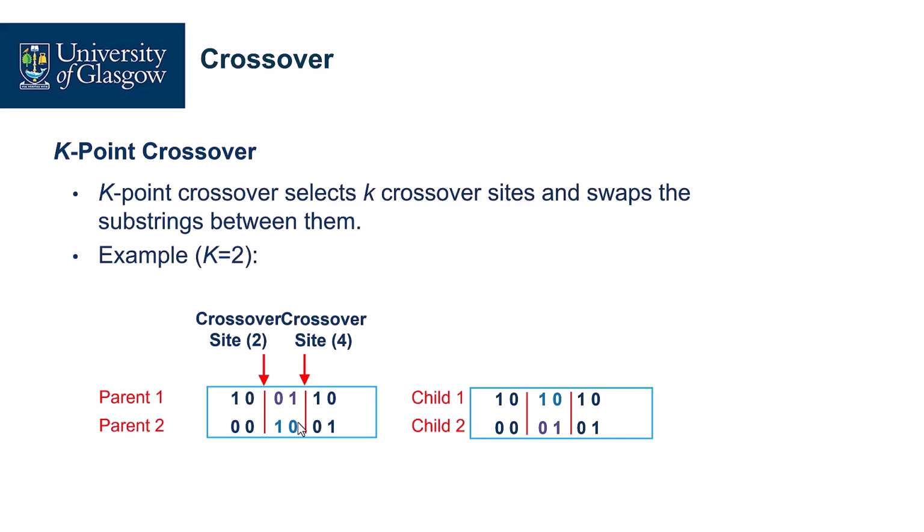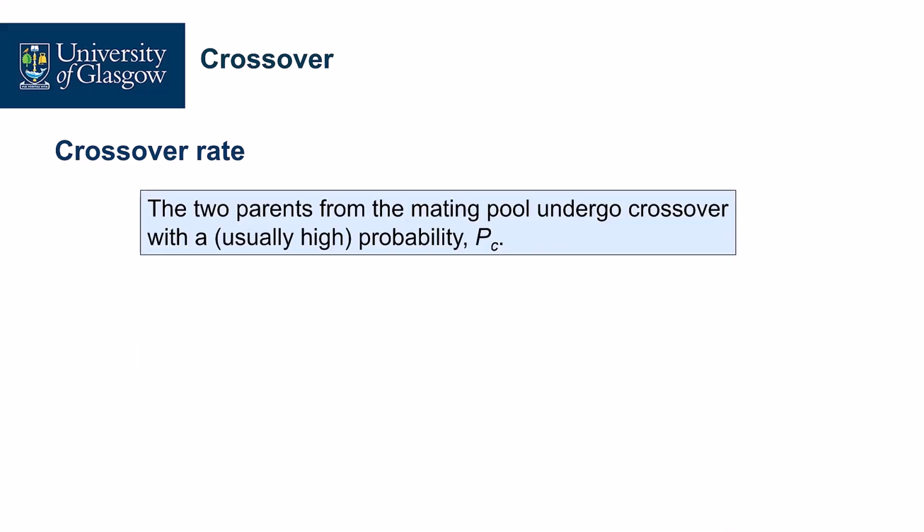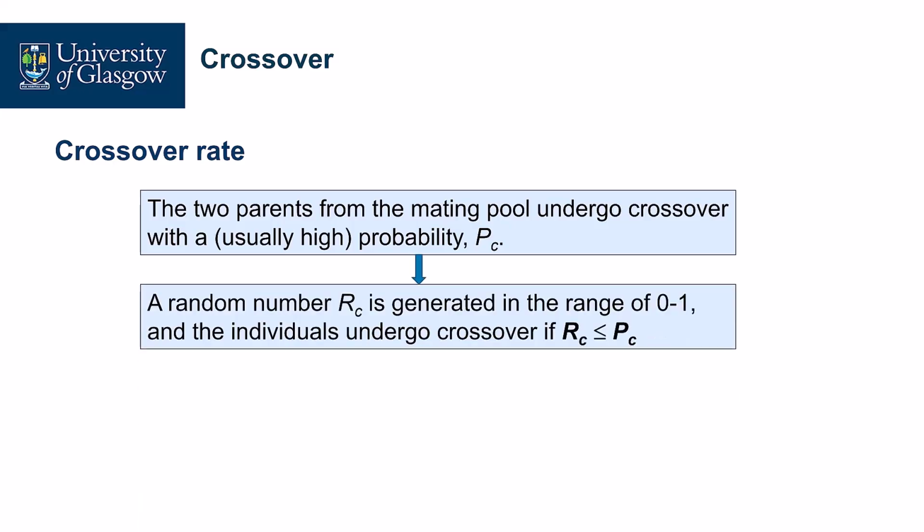For the next step, I will introduce a new concept. We call it crossover rate. Crossover rate means that not in all cases does crossover happen, so it has a rate. We call it PC. The 2 parents from the mating pool undergo crossover with a probability PC. To implement this, we generate a random number, we call it RC, between 0 and 1. Then we compare it with PC.